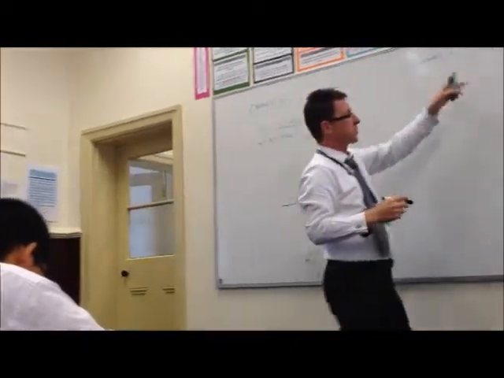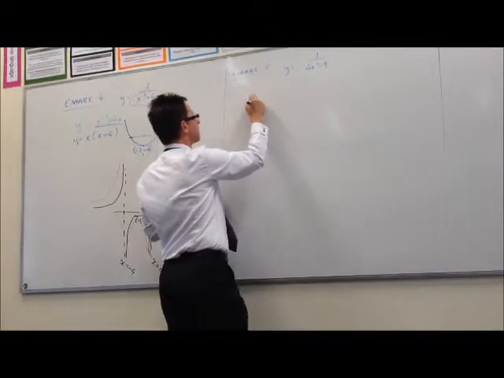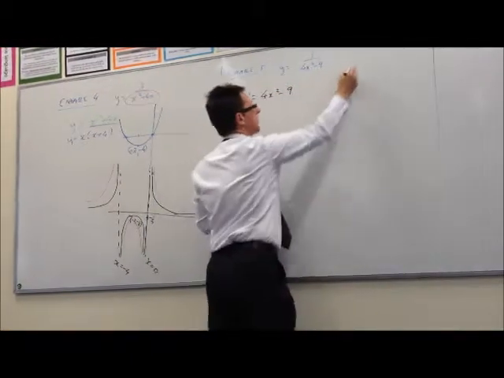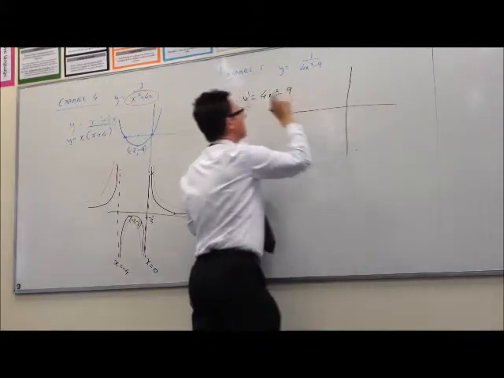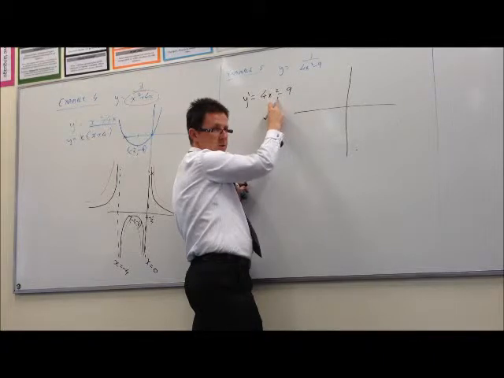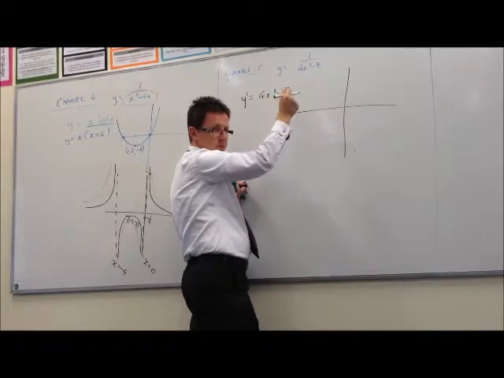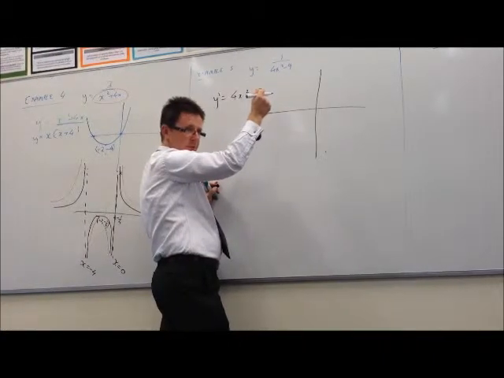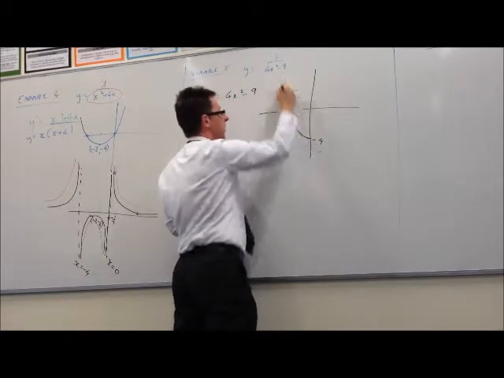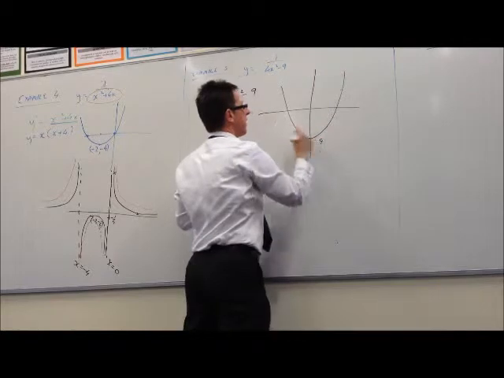So if we looked at this, we should be able to knock this off in like 2 seconds. Original function, 4x squared minus 9, y-intercept. Faster. Negative 9. Parabola looks like this.